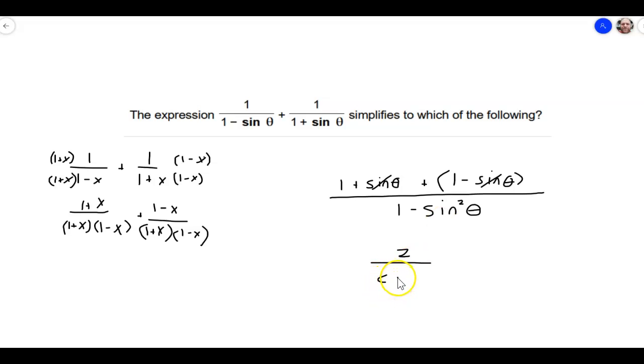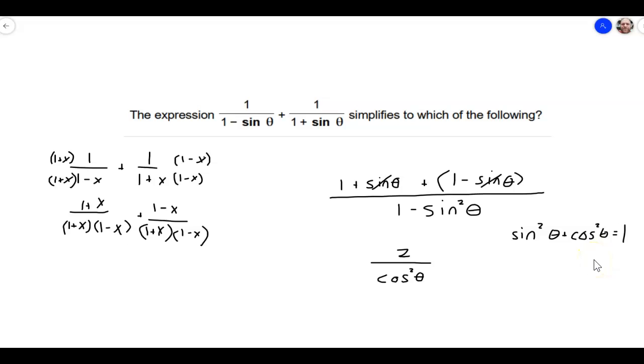Let's see why that's true. You might not have seen that before, but I know sine squared of theta plus cosine squared of theta is equal to 1.